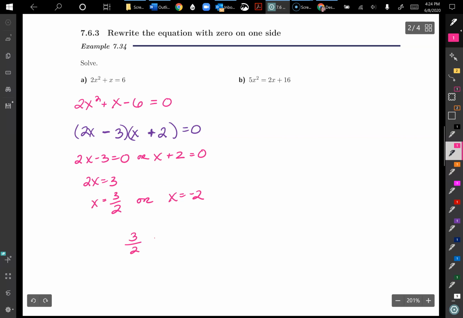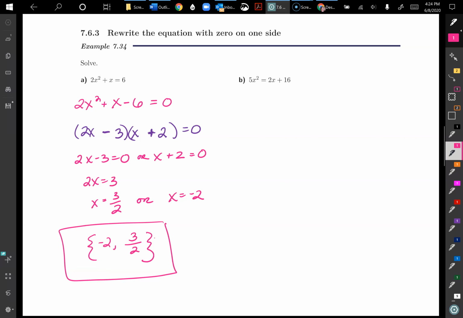We actually want these in ascending order. So I have negative 2 comma 3 halves in my braces. Be careful, those are braces. That means set notation, not interval notation or a point or anything like that. And these are my x-intercepts of that parabola.